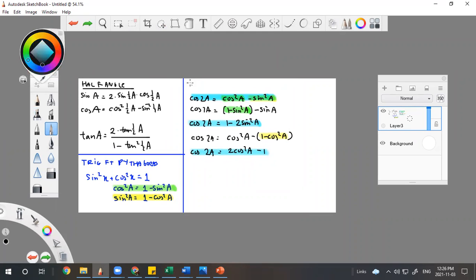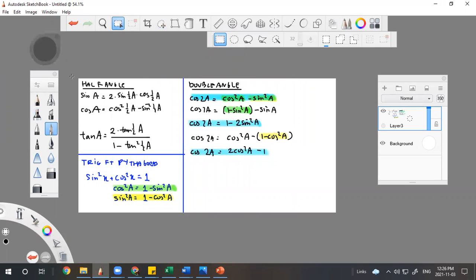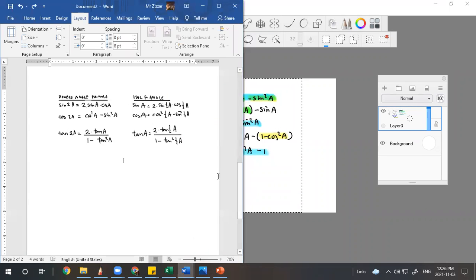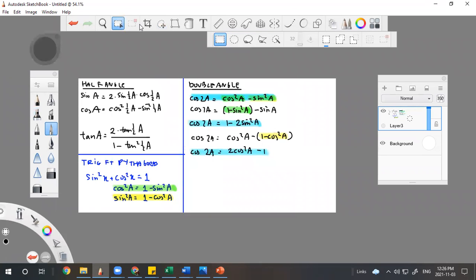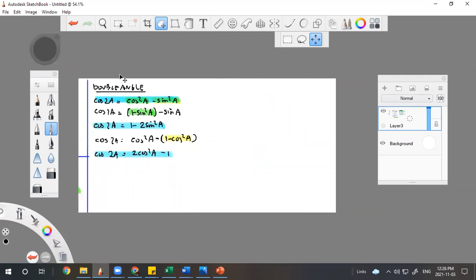Double angle formula. And now we try to connect the double and the half, sorry, double and single. Okay, I put this to the left.